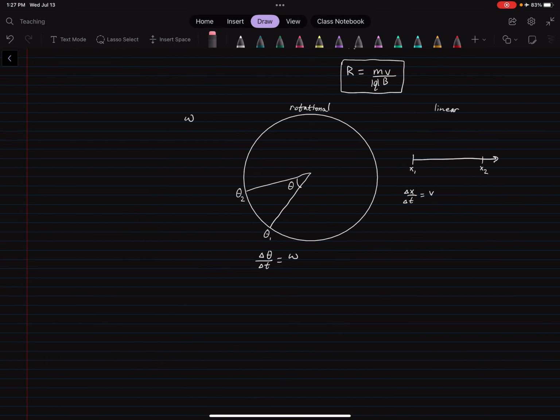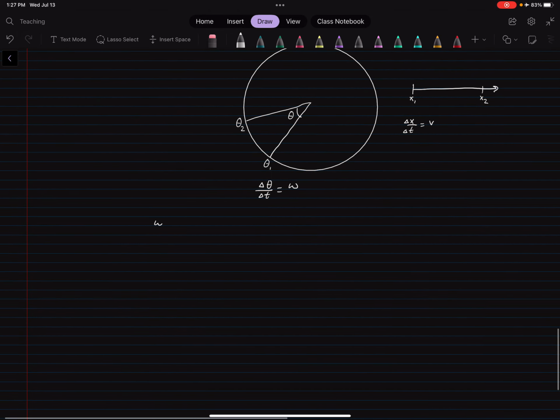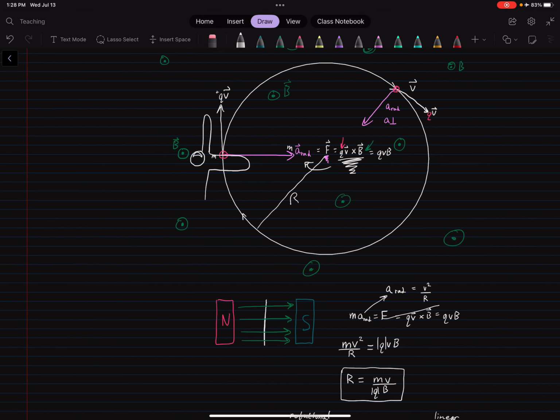So angular velocity is omega, and omega is a very relevant quantity when you're talking about something that's traveling around in a circle. We can talk about the rate at which this particle travels through some angle, going from here to here, theta 1 to theta 2, at some rate omega.